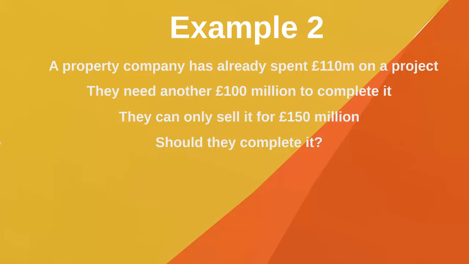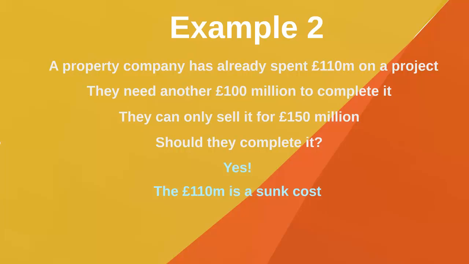And of course, some of you may be looking at that and thinking that no, they shouldn't. They should just think that it's gone, the opportunity is wasted, we'll write this off and we'll put more research into other projects in the future. But of course, using relevant costs, we know that they should complete it because that $110 million is a sunk cost.